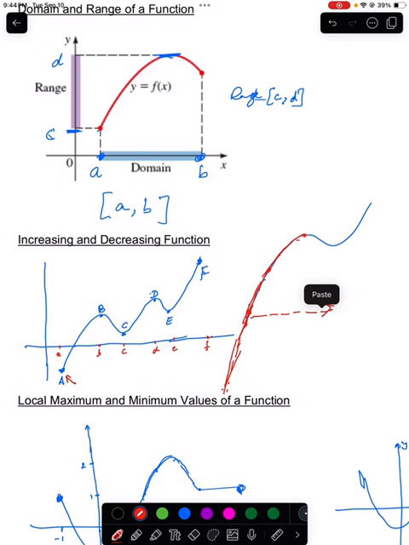If you feel like you are going downhill, from here to here, it feels like you are going downhill. But then from here up, you feel like going uphill. So uphill is when your graph is going up, then the function is increasing. When the graph is going down, the function is decreasing.